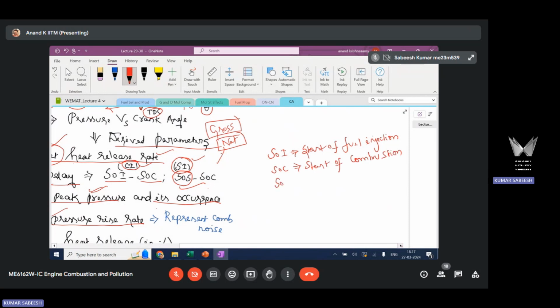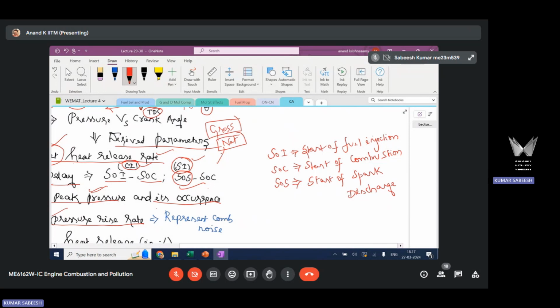The other abbreviation here is SOS. SOS stands for start of spark discharge. Okay, so these are the abbreviations we have in the ignition delay equation.